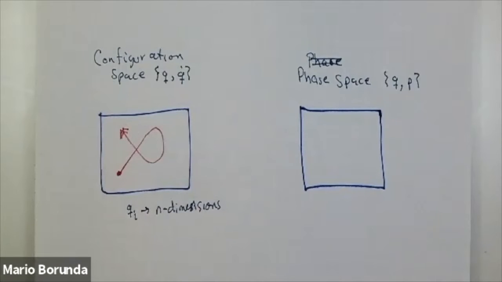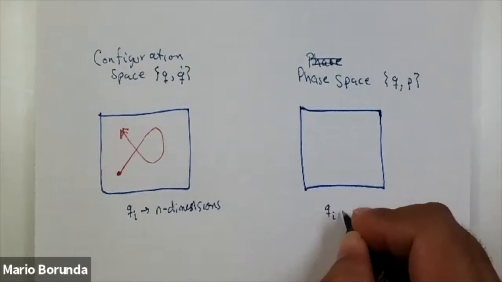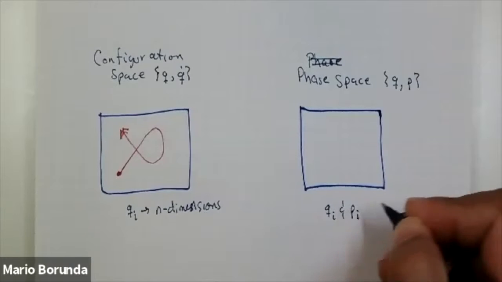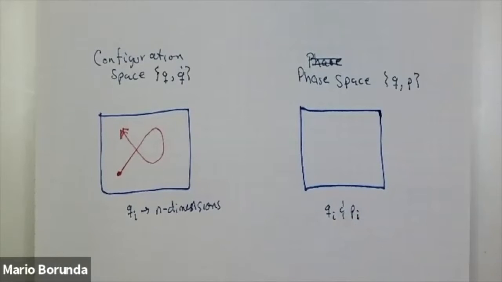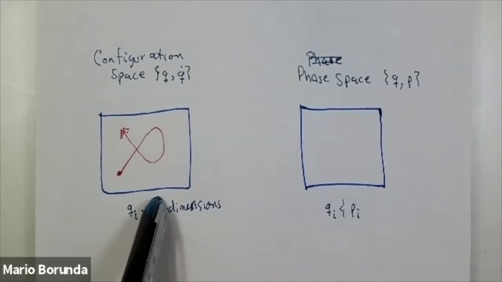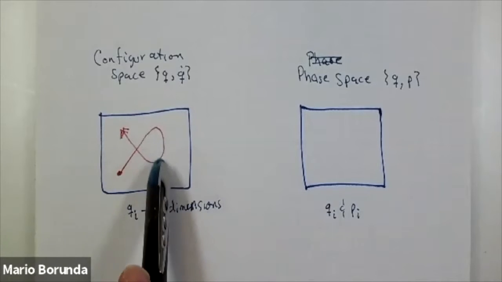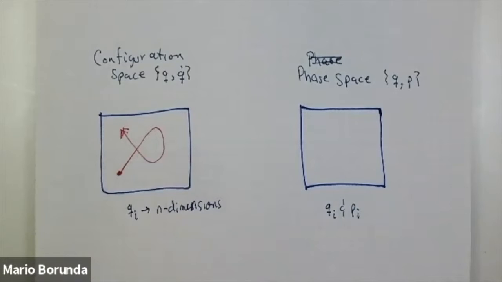And in phase space, we're actually thinking about this q_i and p_i. So you have a set of q's, you have a set of p's, as opposed to just having the q's. And the state of the system is defined here by this flow right here, by this direction, a starting point.